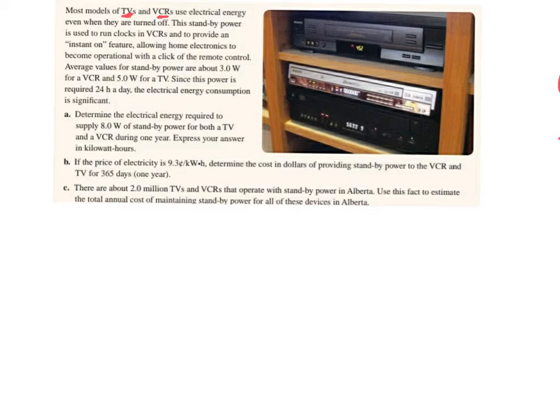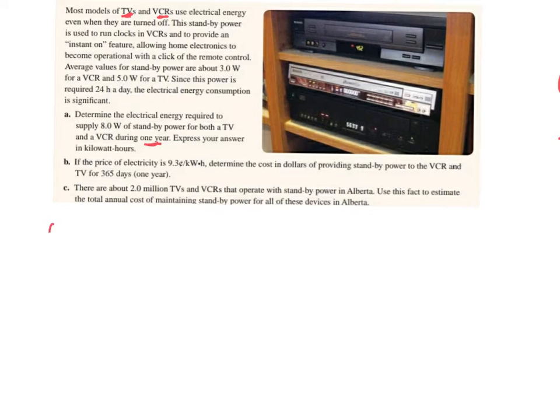Since this power is required 24 hours a day, the electrical energy consumption is significant. So determine the electrical energy required to supply 8 watts of standby power for both a TV and VCR during 1 year. Express your answers in kilowatt hours.